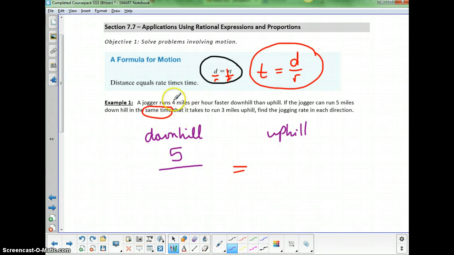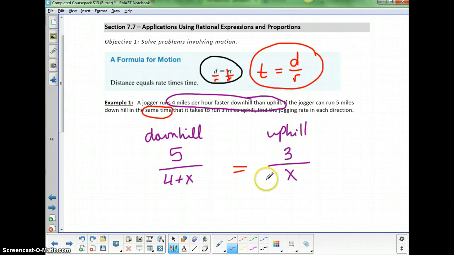The rate is 4 miles per hour faster downhill than uphill, so I need to know the rate for uphill. The distance for uphill is 3 miles. I don't know the rate uphill, so we call it x. Now I know that downhill is 4 miles per hour faster than uphill, so that's 4 plus x, or x plus 4. So that's how I would set this problem up.